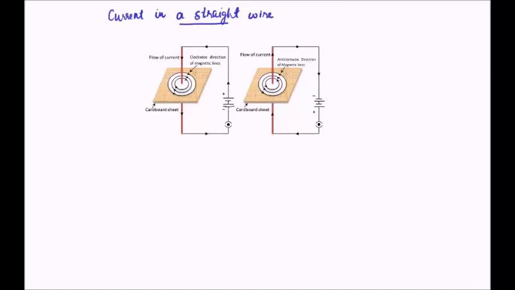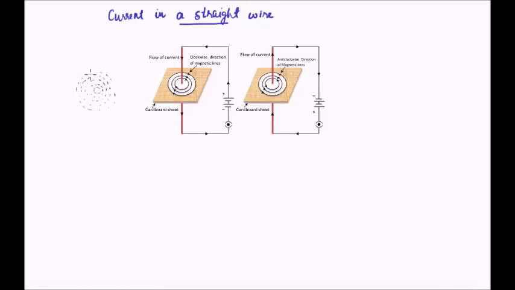But what is interestingly observed is that the iron filings will rearrange themselves in concentric circles. So you will see many different circles of iron filings. They will basically circle up with the wire at the center.